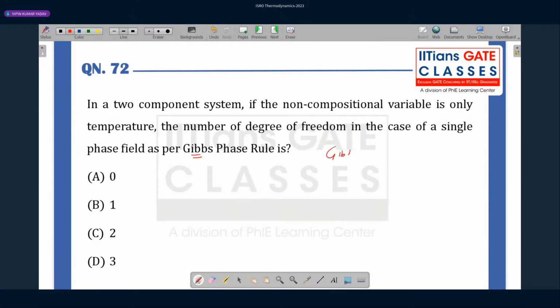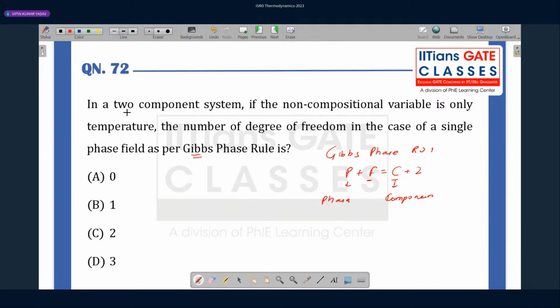Gibbs phase rule gives you the degree of freedom: P plus F equals C plus 2. P is the number of phases, F is the degree of freedom, and C is the number of components.